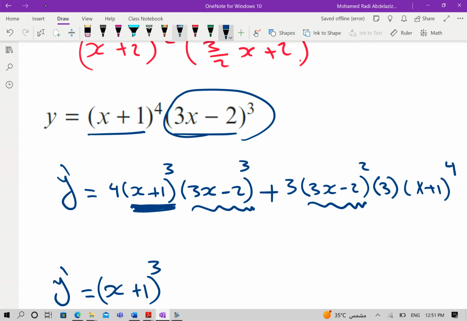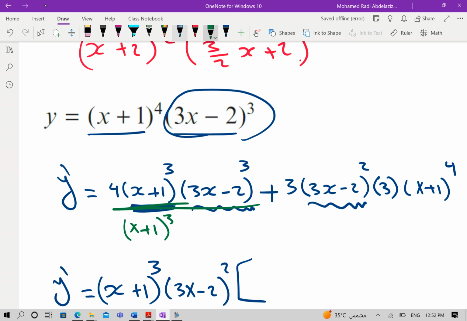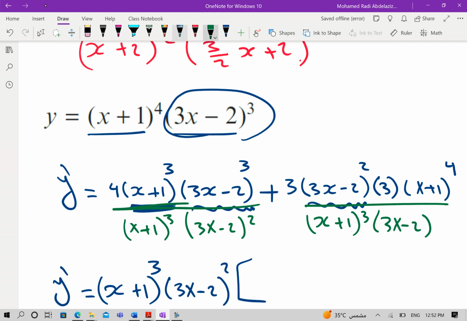The lowest will be (3x minus 2) all to the power of 2. Now open bracket. If you take the common factor, (x plus 1) all to the power of 3 and (3x minus 2) all to the power of 2, same, will divide by (x plus 1) to the power of 3 and (3x minus 2) to the power of 2.